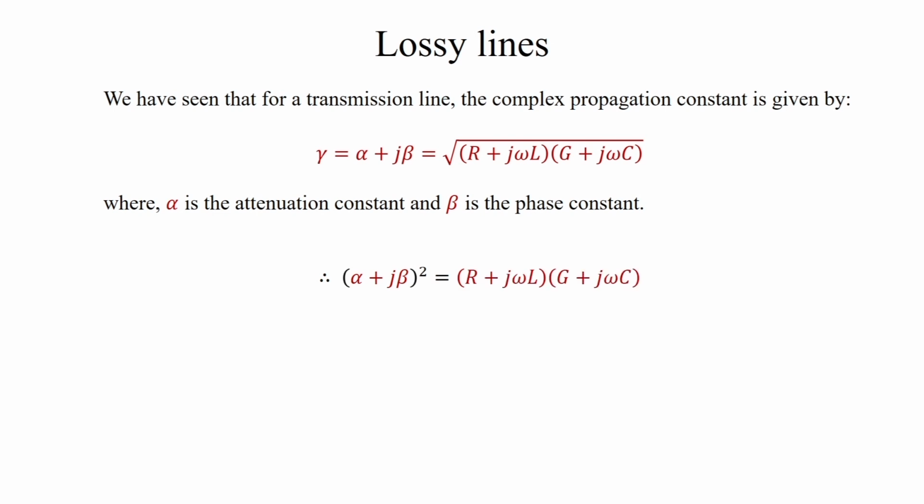Now, if we square this equation on both sides, we can write (alpha plus j beta) square is equal to (R plus j omega L) into (G plus j omega C).